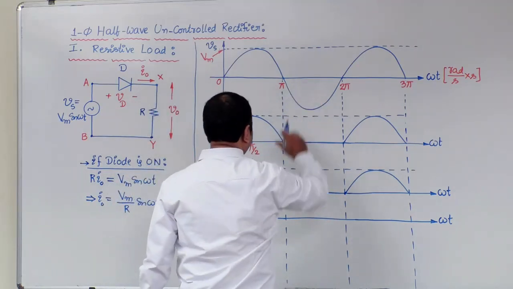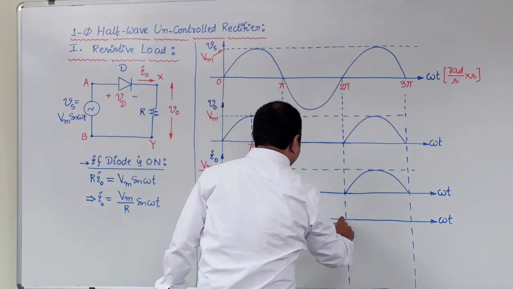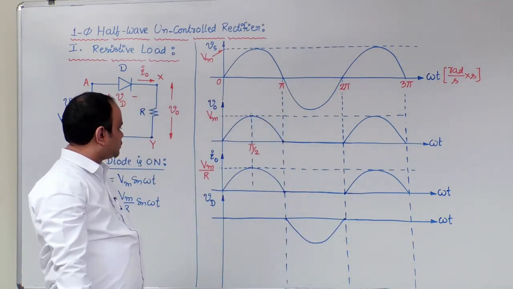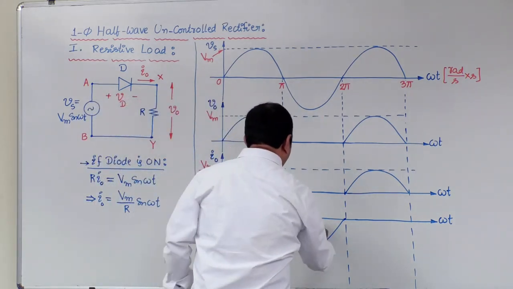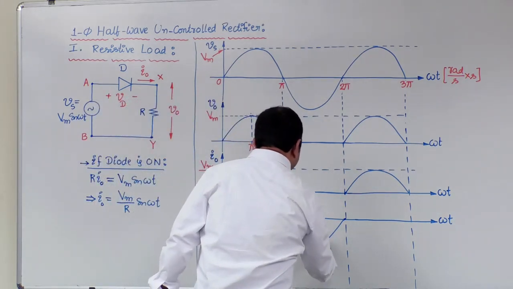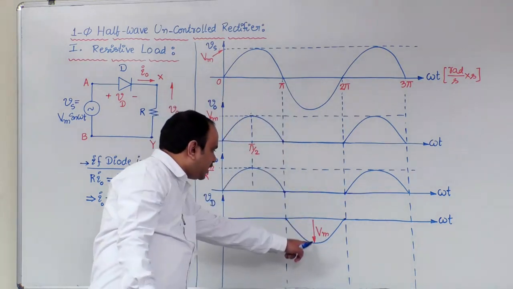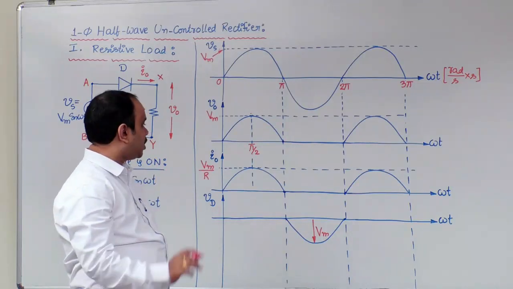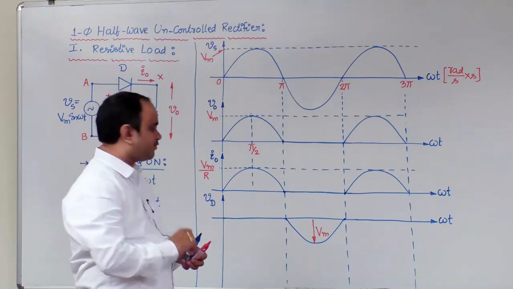This particular value is the same as the source voltage peak, and this value is referred to as peak inverse voltage. That means how much voltage the device needs to withstand during its turn off condition.